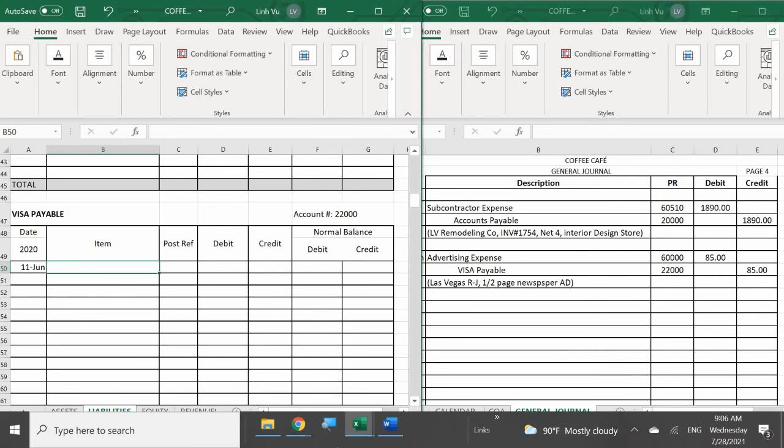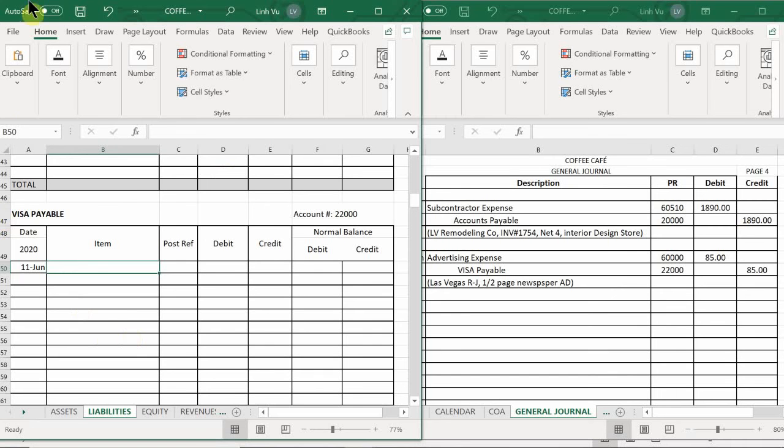So in this case, I want to actually be a little more descriptive so I know exactly what this transaction was, because your credit card is not going to tell you. Your credit card's only going to tell you the transaction number and where you made the purchase from.